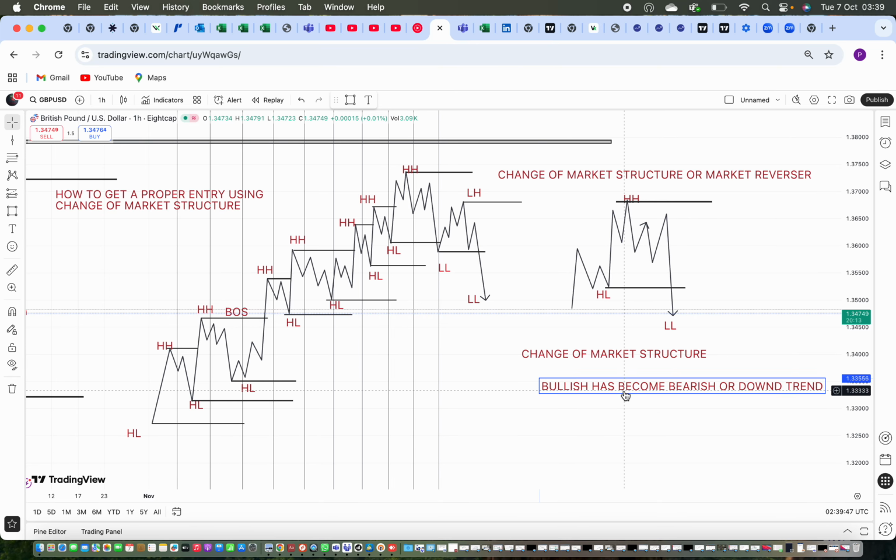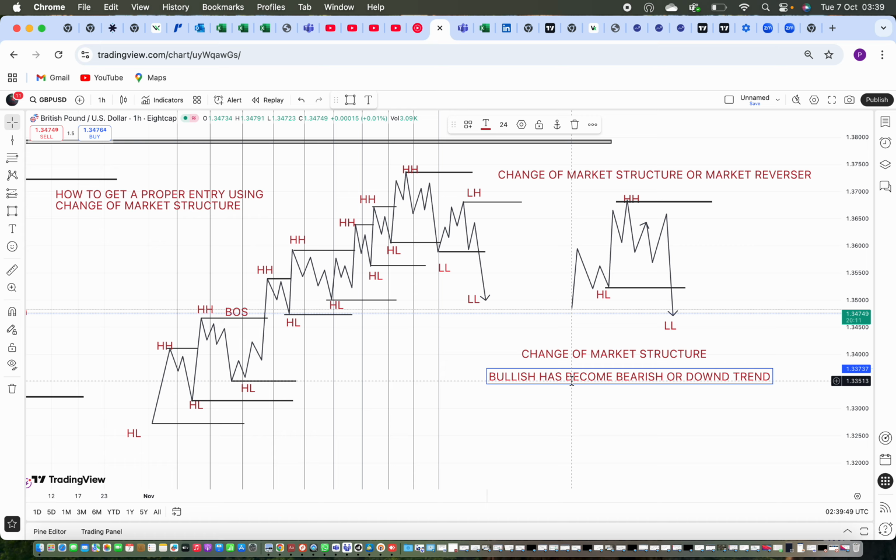Okay, so now once we have this, we know that the uptrend, which is what happened around this level, has automatically changed, and we are now looking for opportunity to trade this market to the downside. Now there's something that you need to pay attention to.